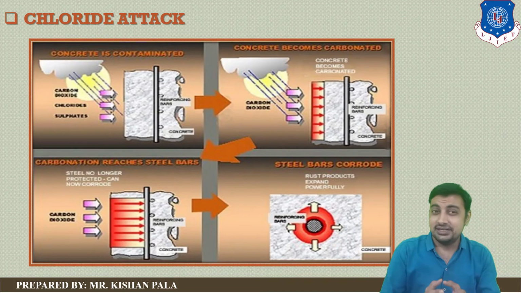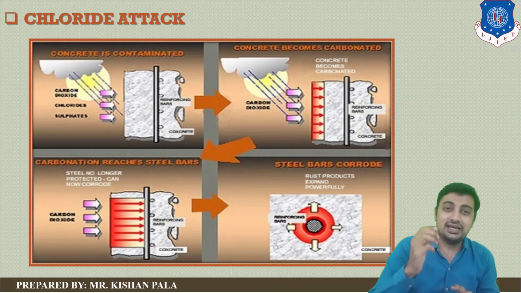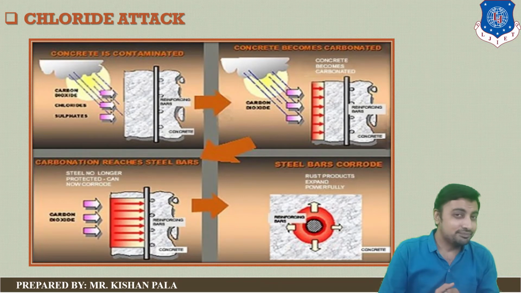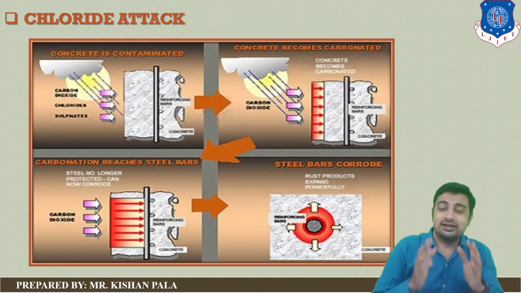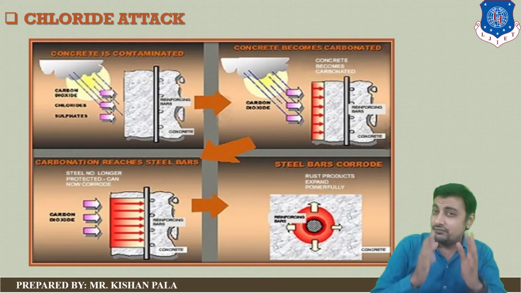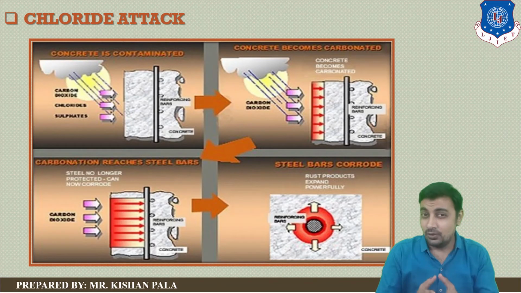In service conditions, chlorides enter the concrete mass through sea water, de-icing and other salts. The chloride ions attack the gamma iron oxide film, leading to corrosion.